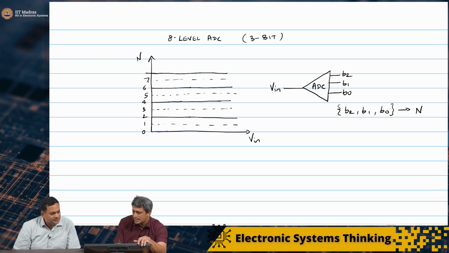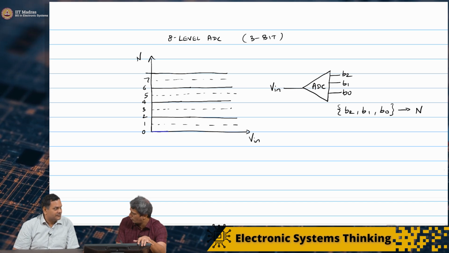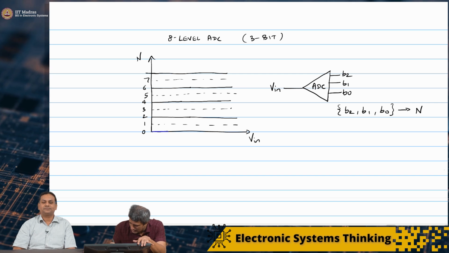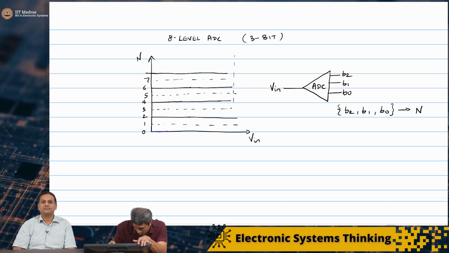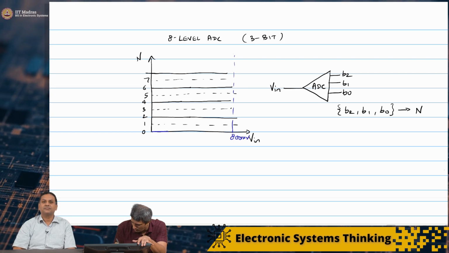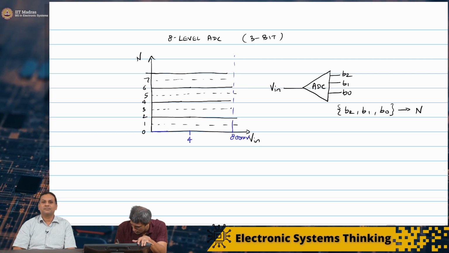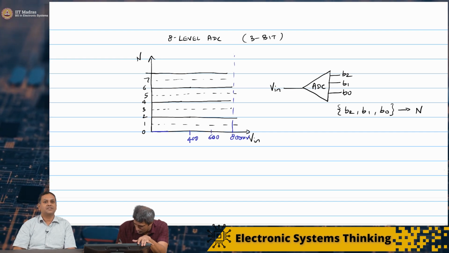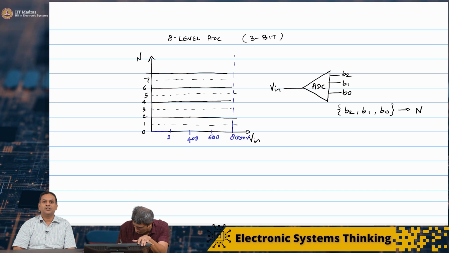So if any input is between 0 and 100 millivolt, it will come out as code 0. So let me put that 800 millivolt here. This is 400, 600, 200.